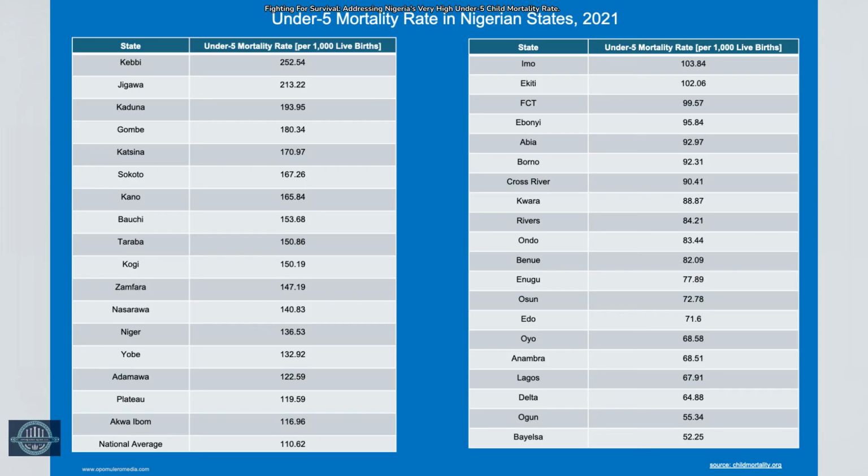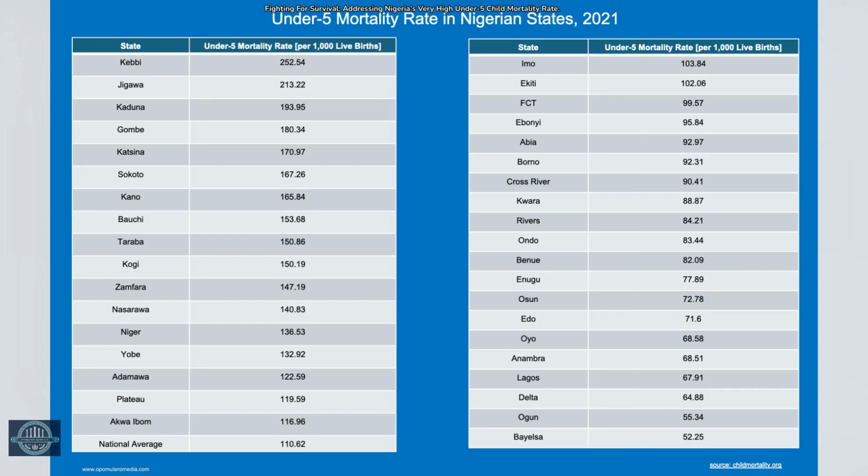Bayelsa State in the south-south region of Nigeria has the lowest under-5 mortality rate with 52.25 deaths per 1,000 live births. We applaud the excellent work by the people and government of Bayelsa State.